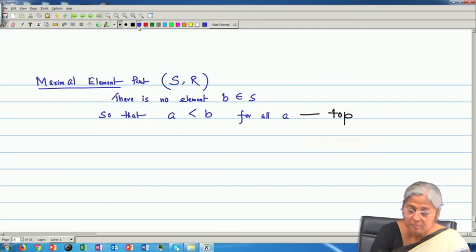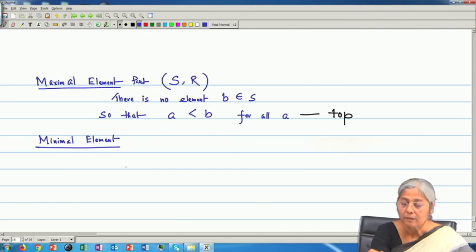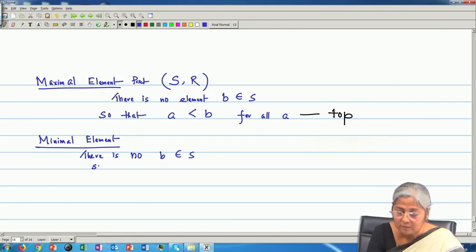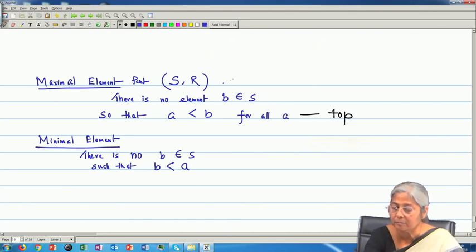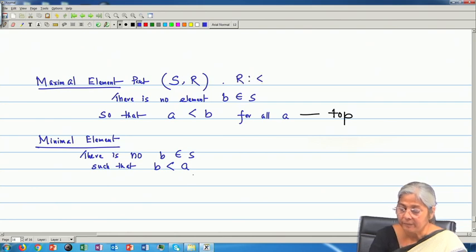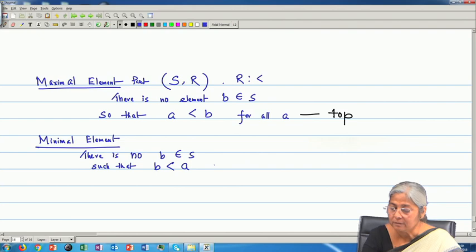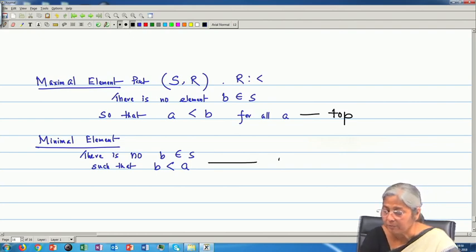Similarly, the minimal element is one for which there is no B belonging to S such that B is less than A. Here I am taking R as less than. So obviously, this becomes my bottom element.